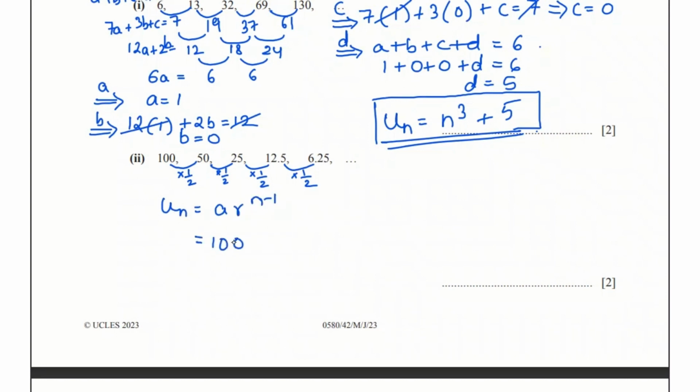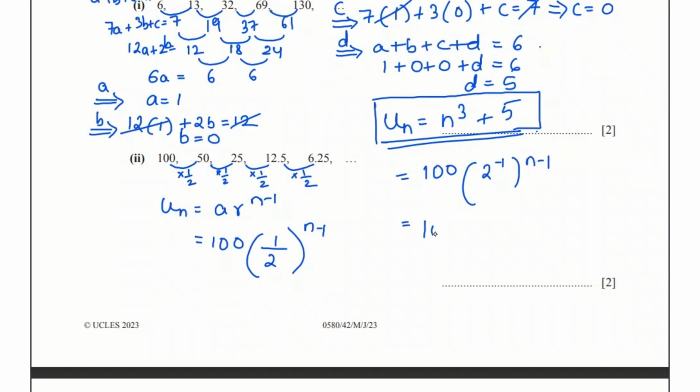A is 100, we will rearrange it. 2 raised to minus 1, let's take the reciprocal, so this becomes 2 to the power minus 1, raised to n minus 1.